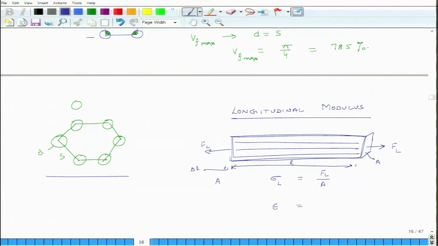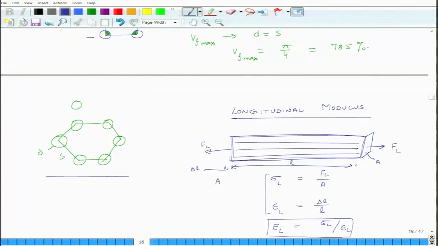Strain in the length direction is delta L divided by L, and this is the strain in which direction? L direction. So, experimentally this is how I can compute E. Then E, which is the Young's modulus in the length direction, is equal to sigma L divided by epsilon L.